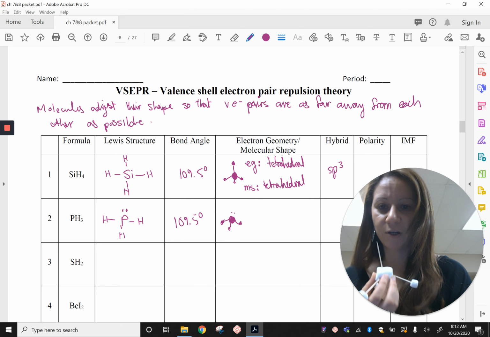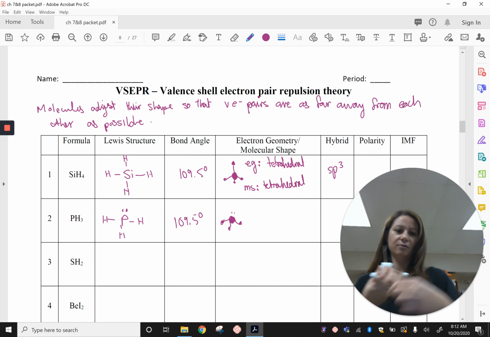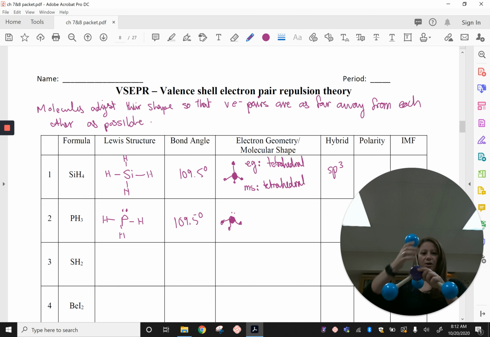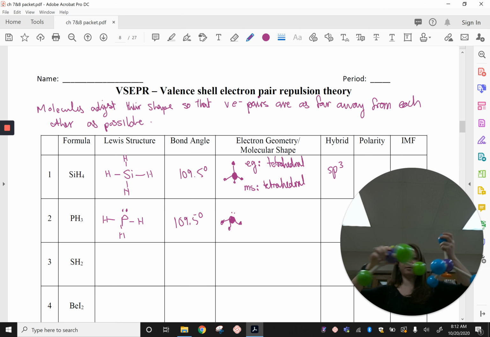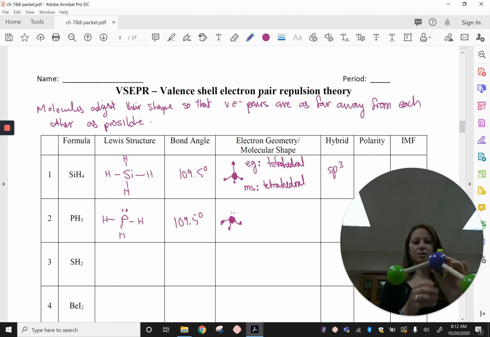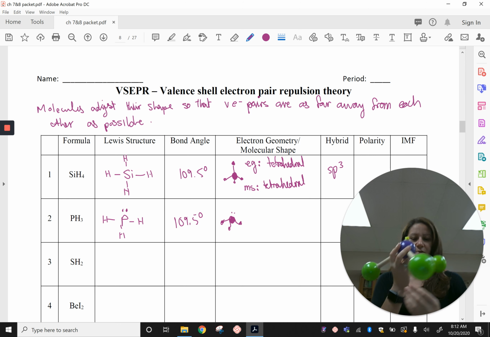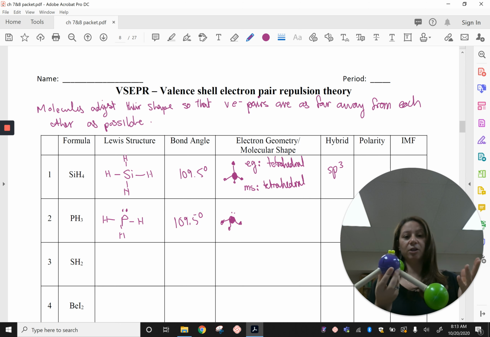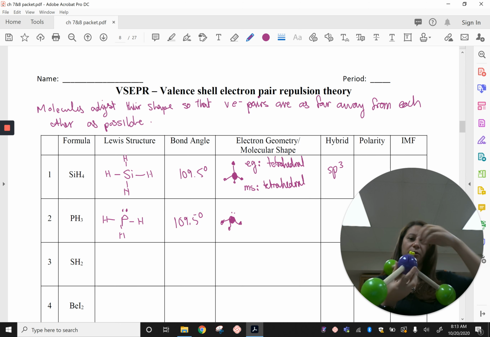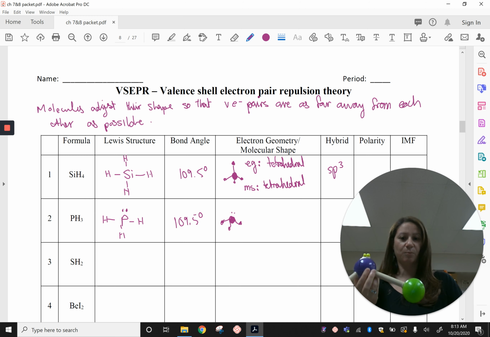But now we have a lone pair here instead of a bond. Here's my tetrahedral. If I were to move one of these, but keep the angles the same, it would look like this. So again, central atom, 3 bonds, making like a tripod shape, and then there's a lone pair there. And so again, the angle is still the same because I still have 4 areas of electrons, and they're still repelling each other. Whether they're in a lone pair or bonds, they're still going to repel each other.